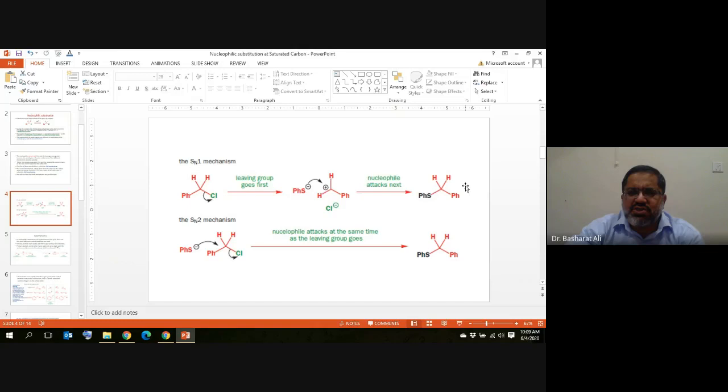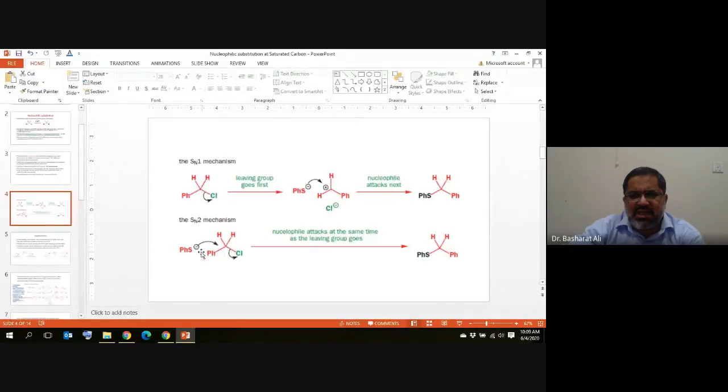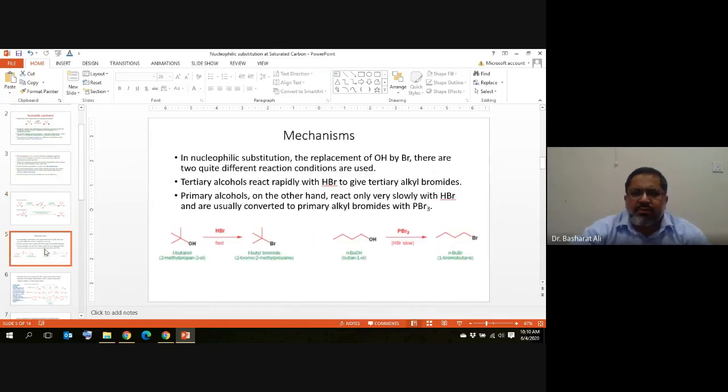In the SN2 mechanism, the nucleophile reacts at the same time, the reaction completes in one step, and the chloro group leaves at the same time. And in this case, the configuration of the molecule changes. If it is dextrorotatory, it will turn into levorotatory, or if it is the D form, it will convert into the L form.